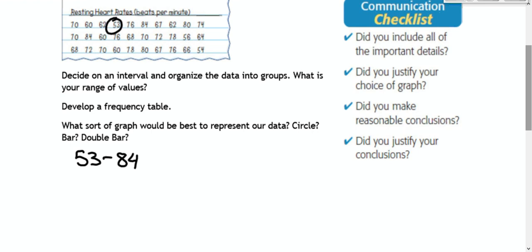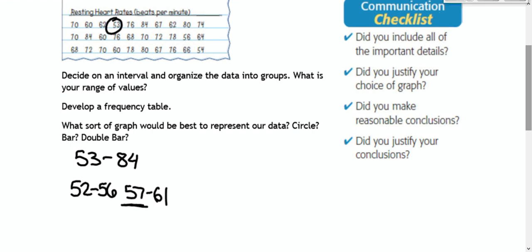So if I wanted to break this down a little better, I could go 52, even though we don't have that value, to 56, so that would give me 4 values. But then my next subset would have been 57 to 61. Now that's not super useful because I don't have any values from 57 to 59.